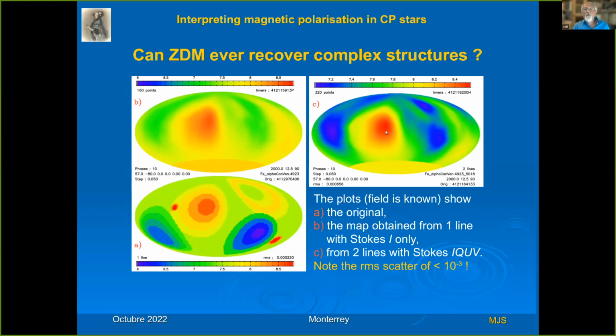If you use 2 lines and also 4 Stokes parameters, and if the magnetic field is perfectly known, so instead of 160 points, you now have 1280 points that contain information, then you still cannot recover it. And the RMS scatter of the fit to all four Stokes parameters is better than 10 to the minus 3.